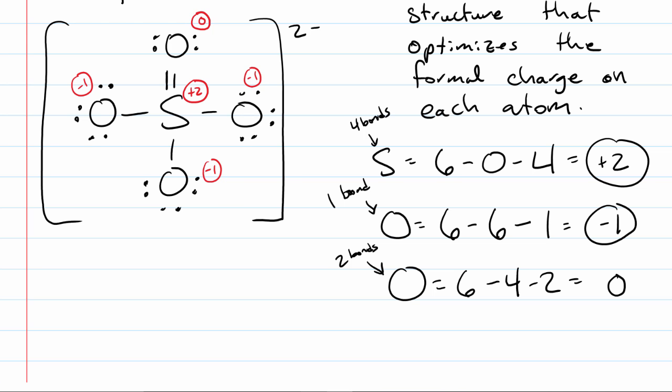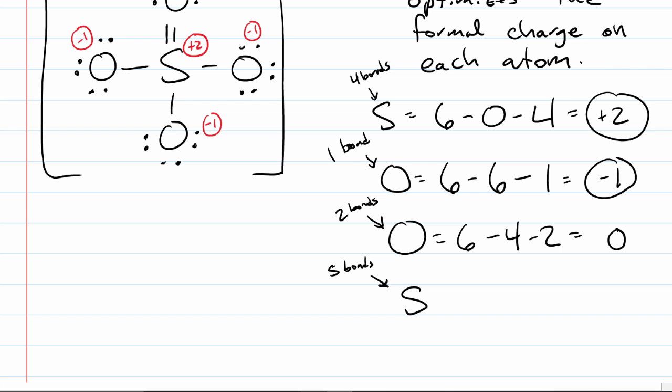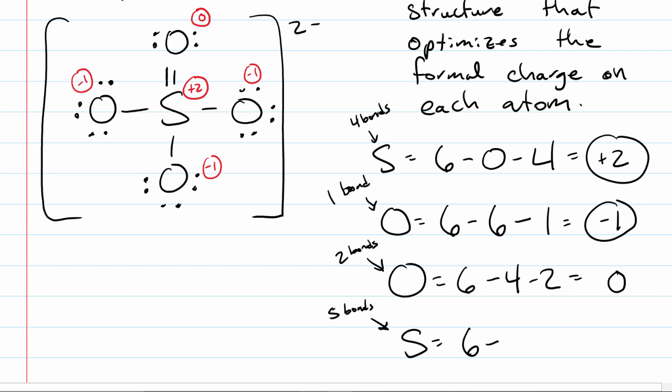Now, of course, the sulfur no longer has 4 bonds around it. It now has 5 bonds around it. So if we have a sulfur that has 5 bonds, we then calculate its formal charge by taking the number of valence electrons on a free atom, which is 6. We are going to subtract from it the number of lone pairs of electrons, which, how many lone pairs are there? 0.